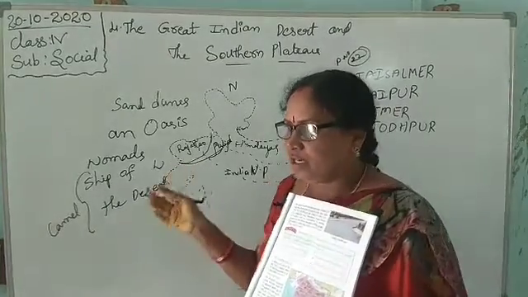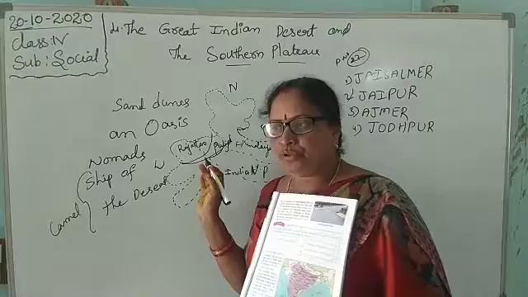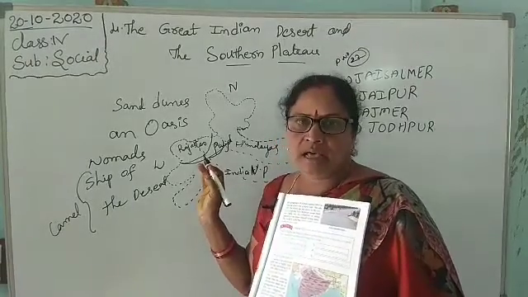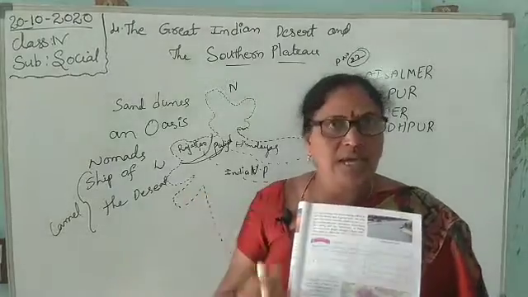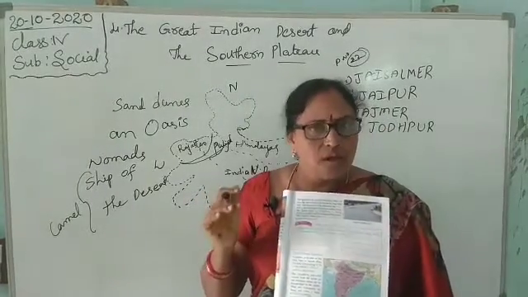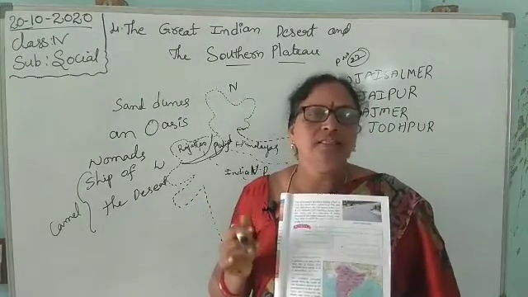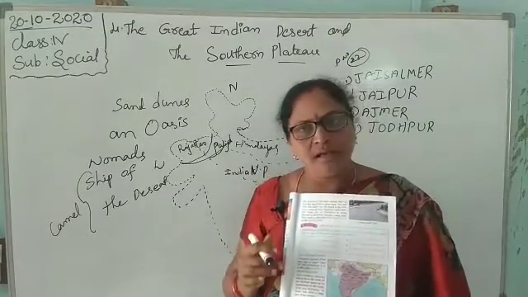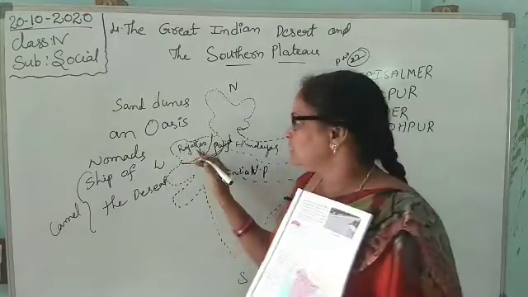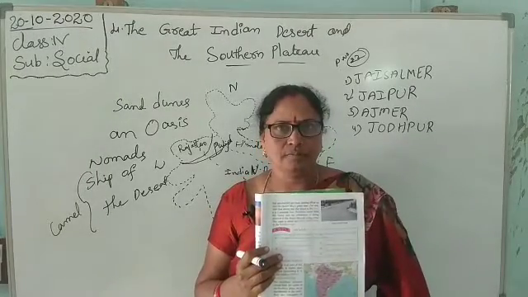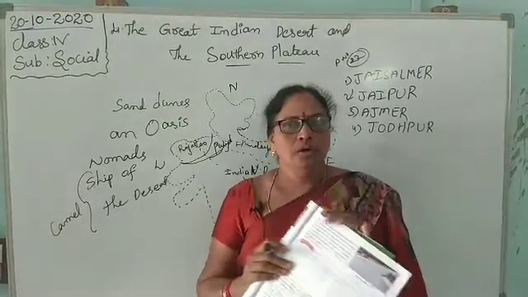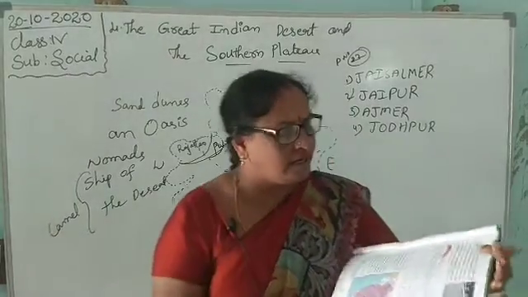The water can be sent through the canal from the Sutlej river to the Great Indian Desert. That canal is called the Indira Gandhi Canal. Rajasthan gets water from the Sutlej river to make that land green.